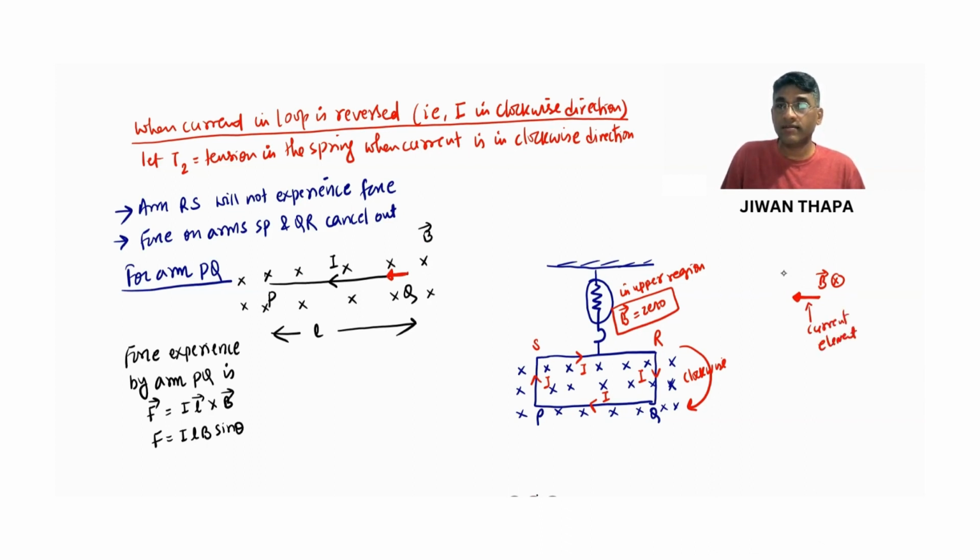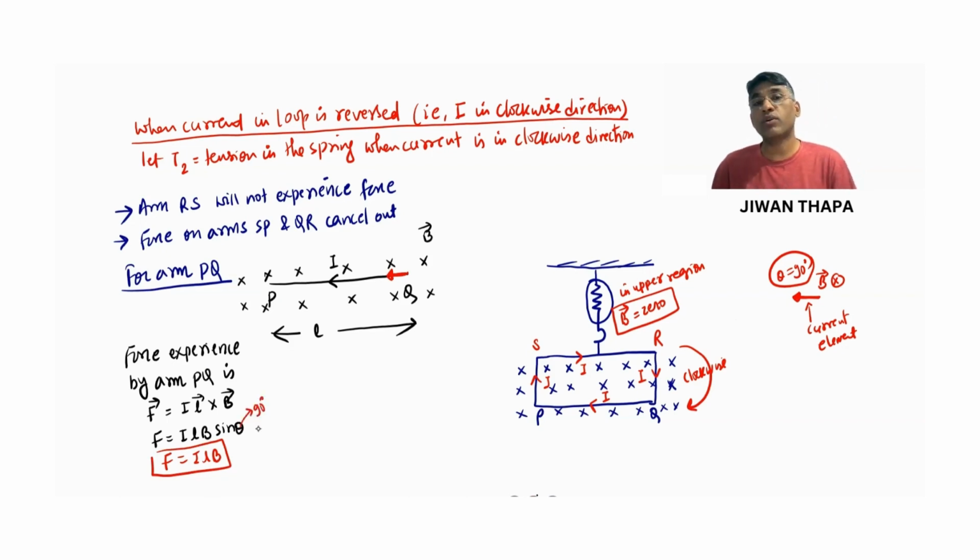So the angle is 90 degrees. So we can write F equals ILB, because theta is 90 degrees. This is to be noted.